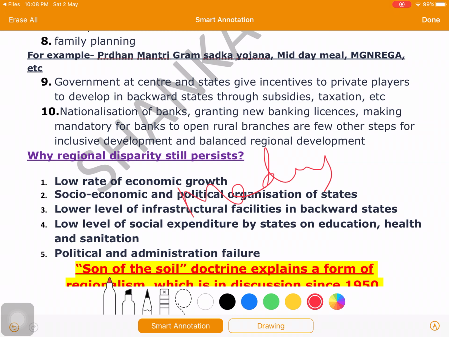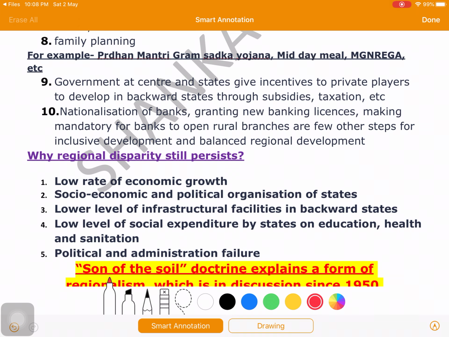As I said, power distribution, irrigation facilities, road infrastructure and modern markets all come under state subjects itself. And hence the state governments were also failing to make legislation accordingly. So lower infrastructural facilities in backward states is also one of the reasons for regionalism.